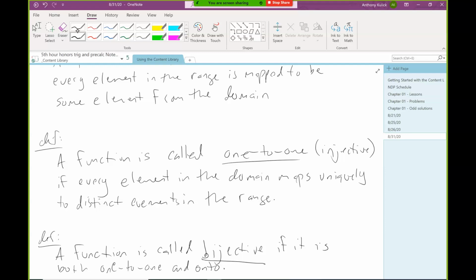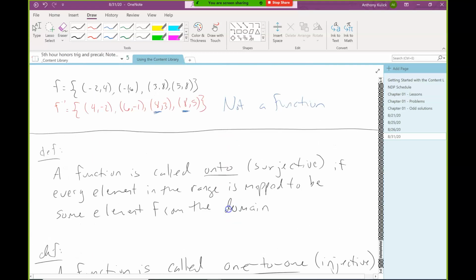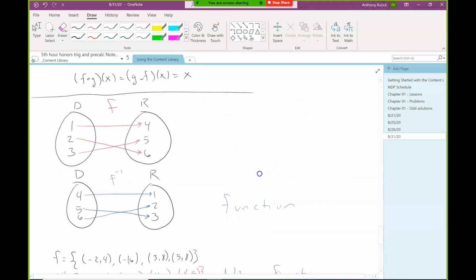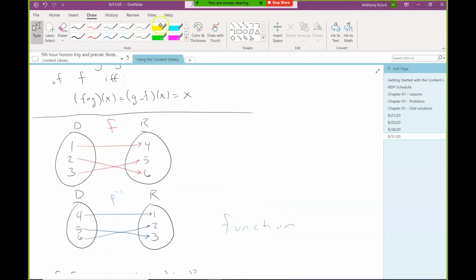So let's go back and look at those two functions that we found inverses for, and look at whether they're one-to-one and onto. Okay? So if I look at this mapping diagram here to start, I know this function is onto because all of the ranges are mapped to, right?